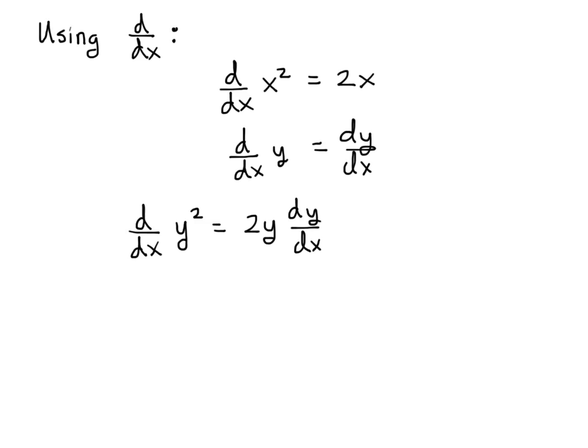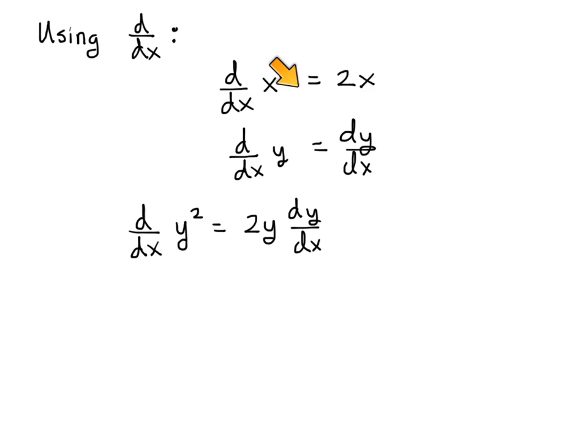The derivative of x squared is just plain old 2x, but for y, here's the thing you have to remember: it's the derivative of y with respect to x. We have 2y, which is the ordinary derivative of y squared, times the derivative of y, which is dy dx.